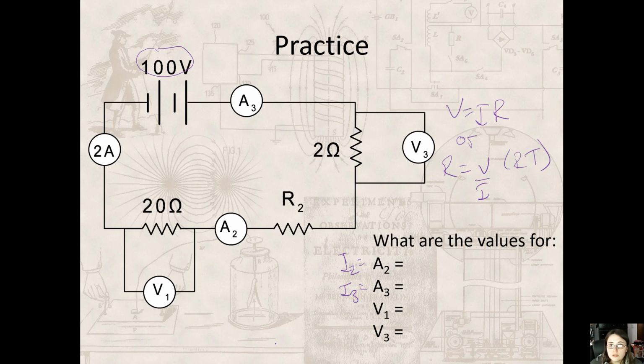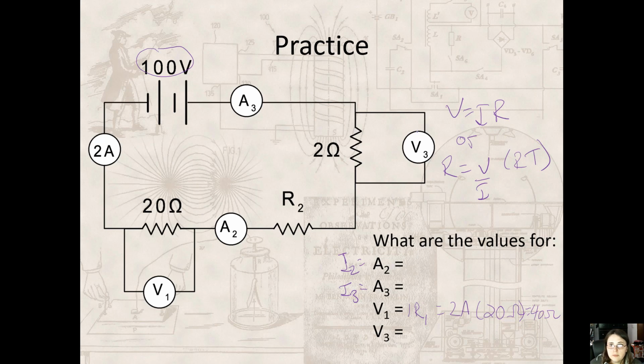And what we're going to do is say that for V1, it's going to be the current, which is 2 amps. Remember, current doesn't change. So it's going to be I times R1, which is equal to 2 amps times 20 ohms, which is 40 volts.